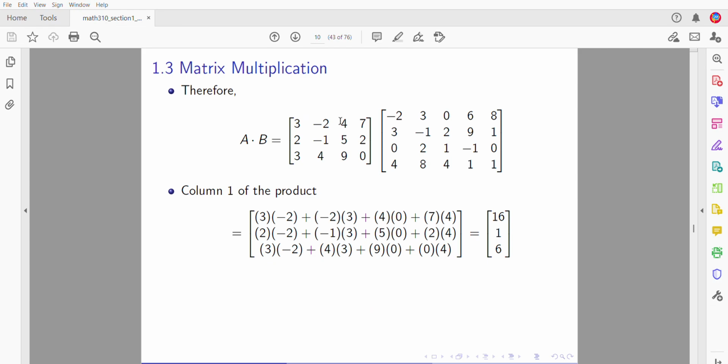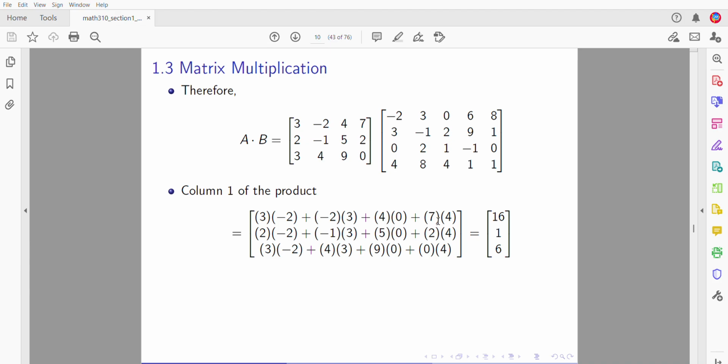Remember, go across, straight down. 3 times negative 2 plus negative 2 times 3 plus 4 times 0 plus 7 times 4. That's row 1. 2 times negative 2 plus negative 1 times 3, plus 5 times 0 plus 2 times 4.